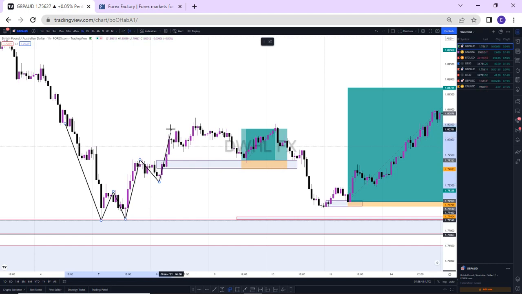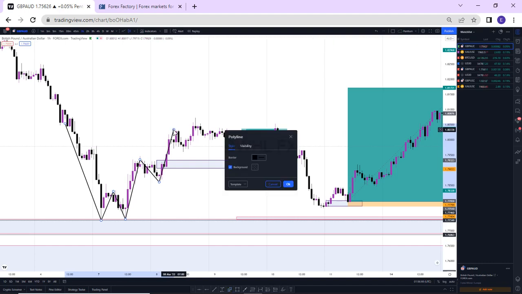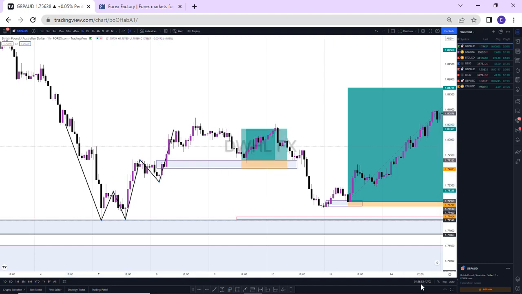Anytime a high is created in the market, we just wait for a retracement so that we can join the trade.